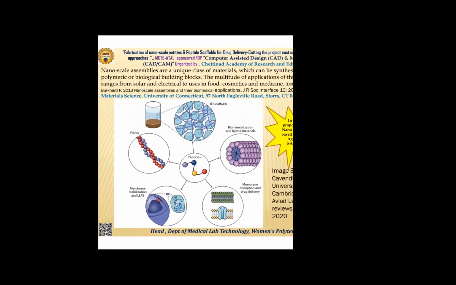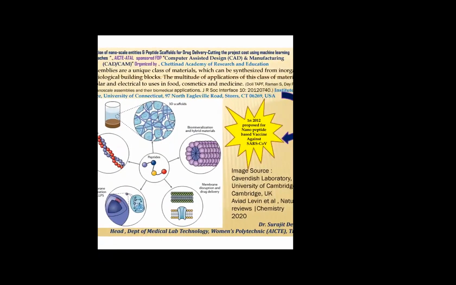It's a path-breaking study. Now, this is again something I would like to focus on, which will be timely as well. This is the lab which in 2012 for the first time proposed that in order to tackle coronavirus, at that point of time it was not COVID-19 or SARS-CoV-2, it was SARS-CoV-1, severe acute respiratory syndrome coronavirus 1.